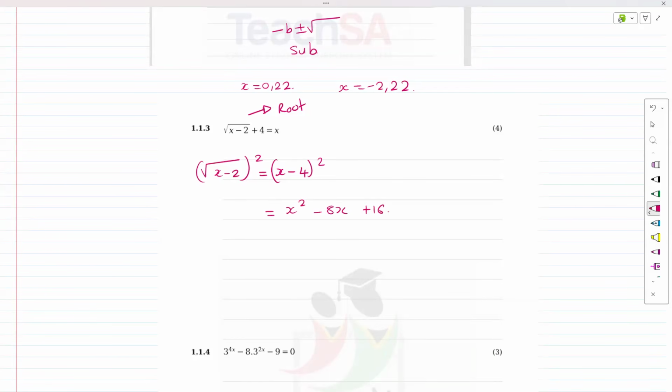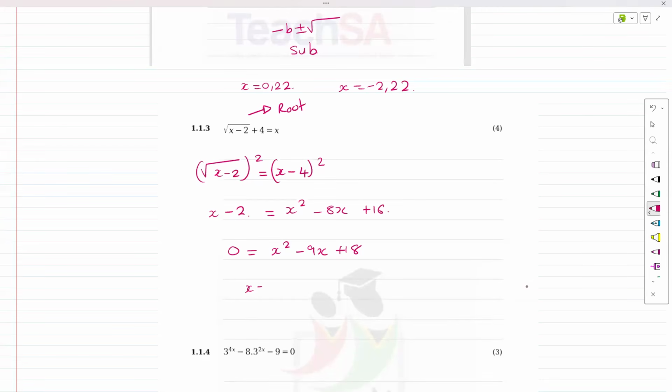I'm hoping I didn't. That's x minus 2. Then we deal with it. So this is x squared minus 9x, and this is positive 18 equals 0.